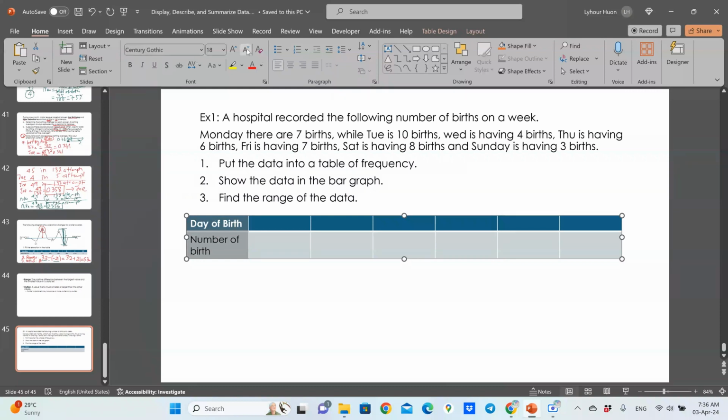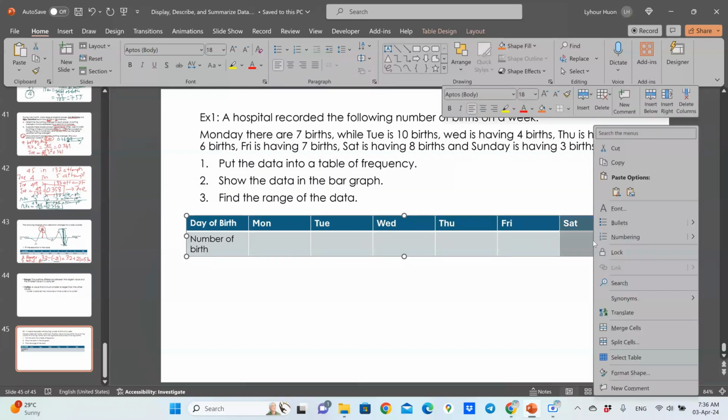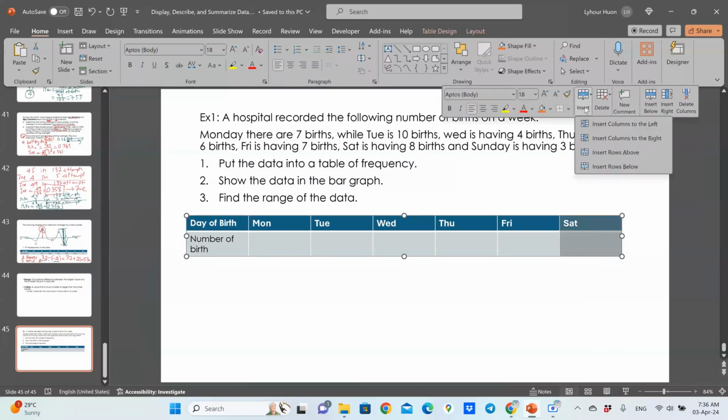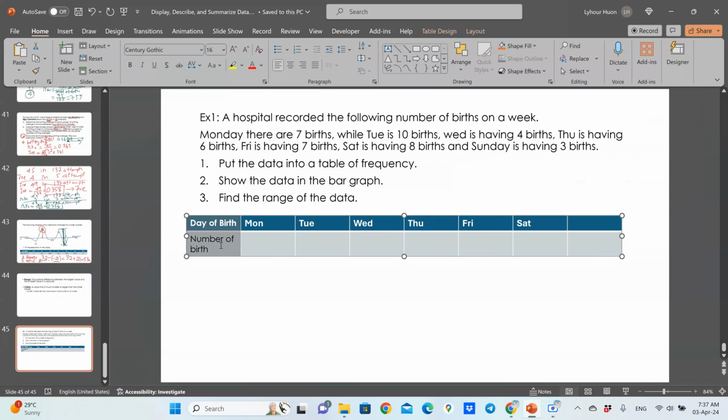Okay, let's make it here. So day of birth should be here: Monday, Tuesday, Wednesday, Thursday, Friday, Saturday, but then there should be another one, right? Yeah, we always have the extra one, the type of category.